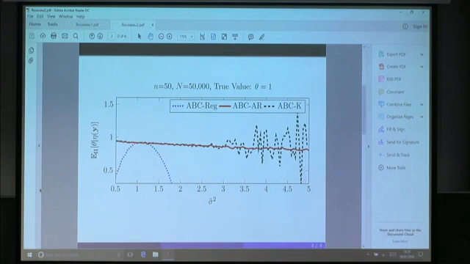So the red line is the ABC algorithm, the usual one I described, and the black line and the blue lines are variants that are supposed to be better, that are supposed to be much more efficient. This is when you use the indicatrix, which is another kernel for the acceptance story.